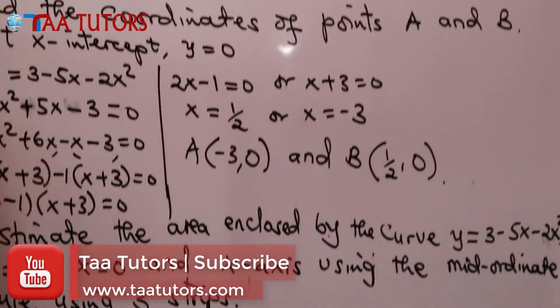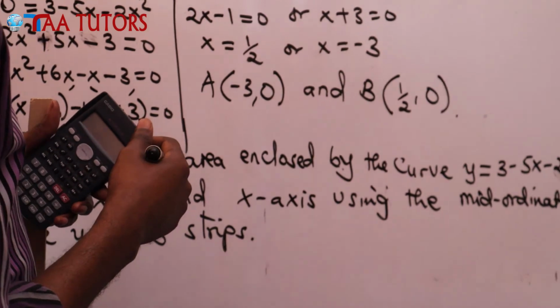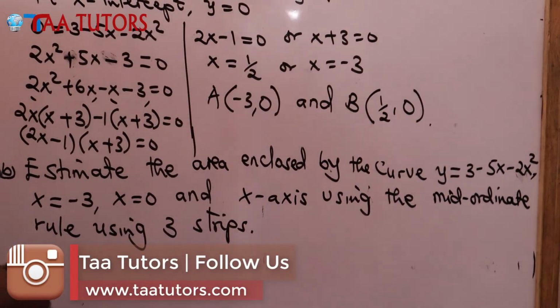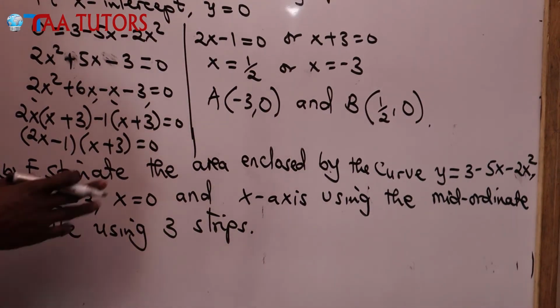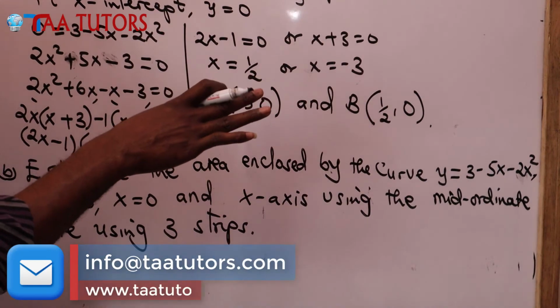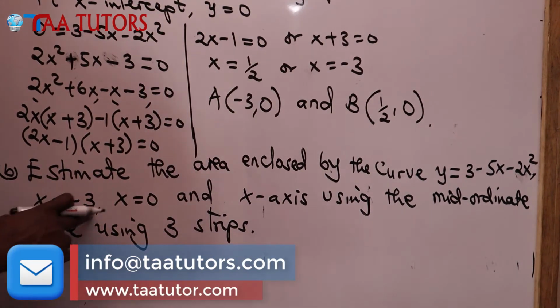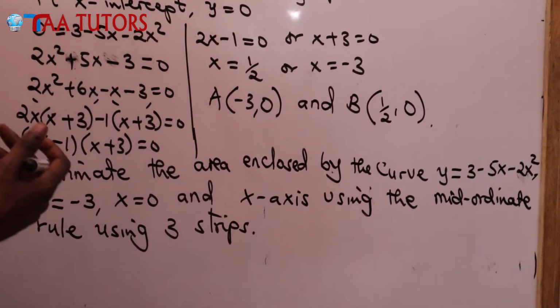Now, down here we are told to estimate the area enclosed by the curve y equals 3 minus 5x minus 2x squared, x equals negative 3, x equals 0, and the x-axis using the mid-ordinate rule with 3 strips.